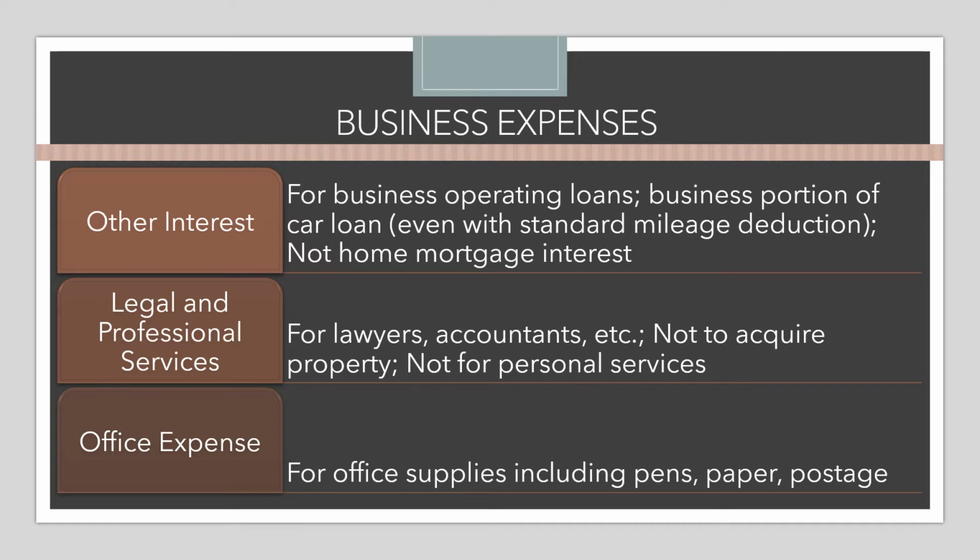Then there's legal and professional services. So if they paid money to a professional such as a lawyer or an accountant, but it is not if those payments were made in the process of acquiring property. That isn't an expense that gets added to the basis of that property, which if they're working with basis, it's probably going to be an out-of-scope return for us.